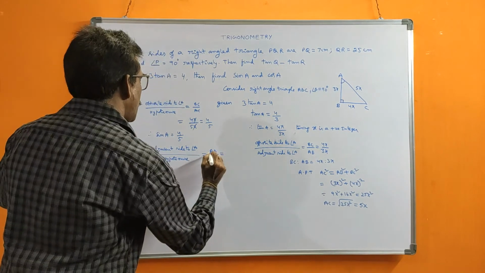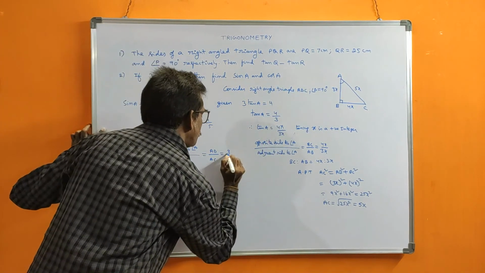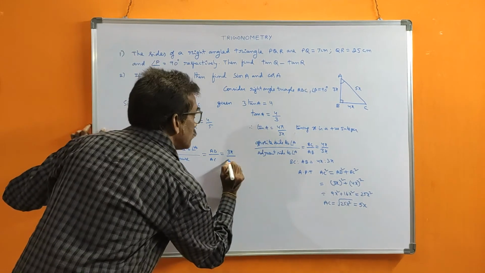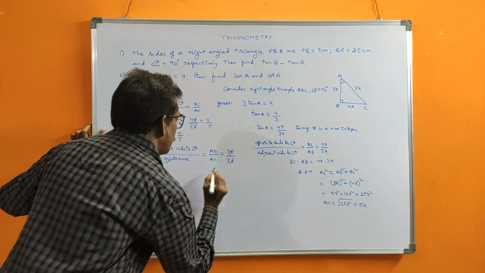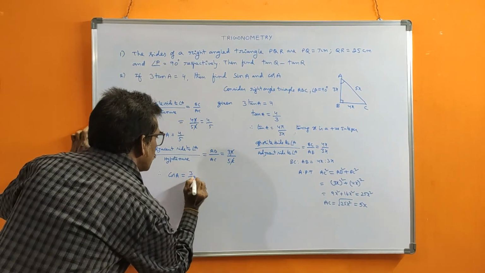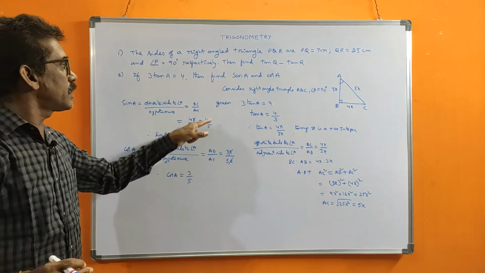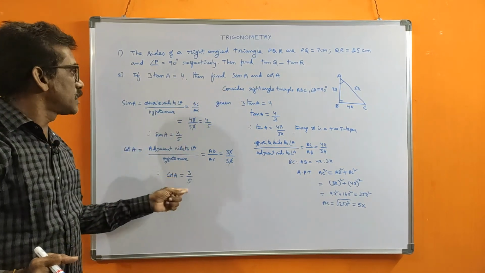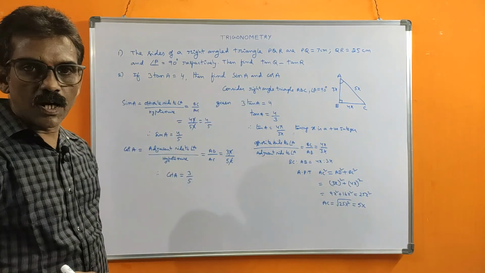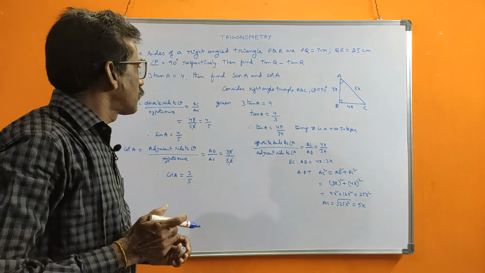Substitute the values: AB is 3x and AC is 5x, x cancels. Therefore cos A is 3 by 5. So sin A is 4 by 5 and cos A is 3 by 5. What he asked, we found. Like this, we can solve.